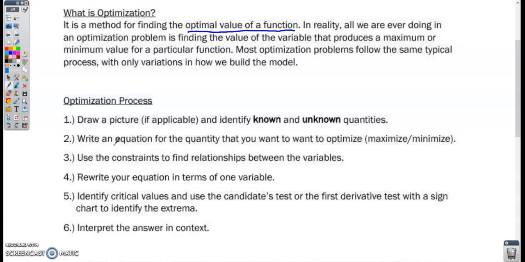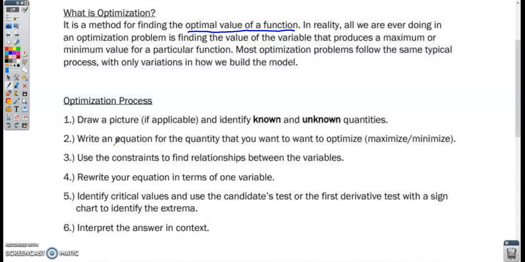Step 3, use the constraints that are given to find relationships between the variables. Usually in every optimization problem, there's some kind of constraint that ties multiple variables together and limits them. Step 4, rewrite your equation in terms of one variable.